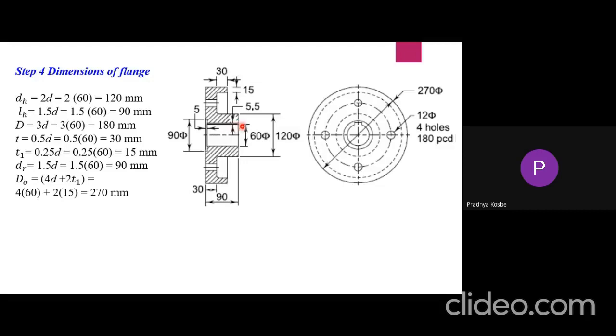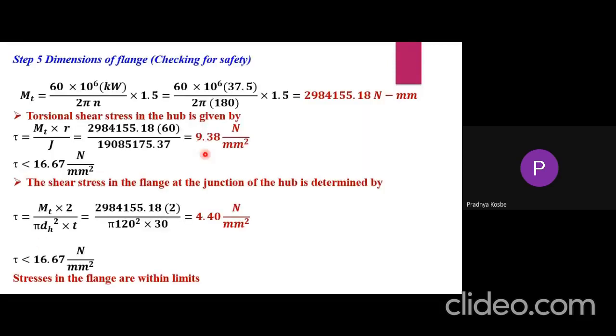So the inner diameter of the hub will be equal to 60 mm. So it is like a hollow shaft, and its polar moment of inertia will be pi by 32 into dH raised to 4 minus D raised to 4. After calculating this, I will get 19085175.37.